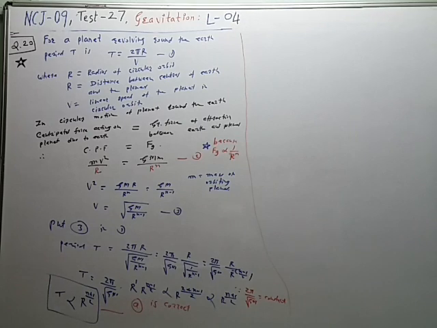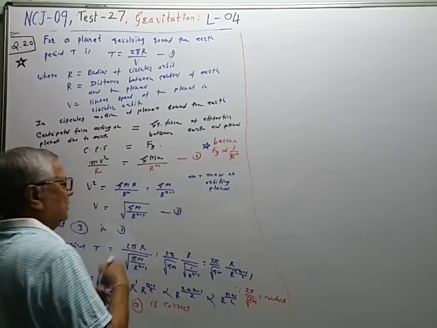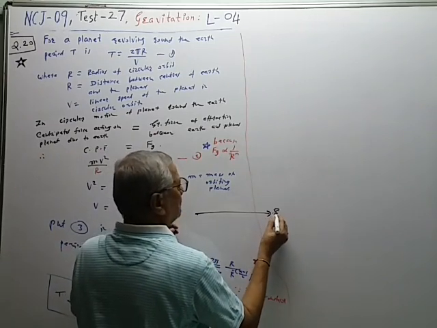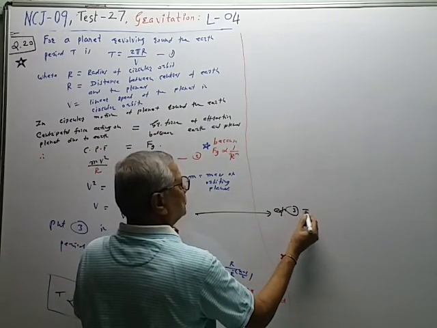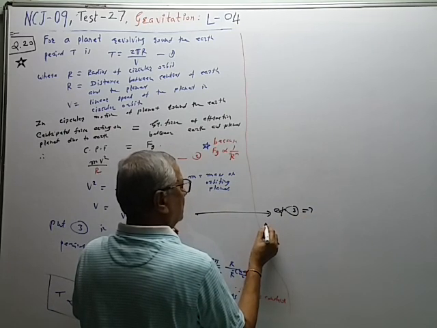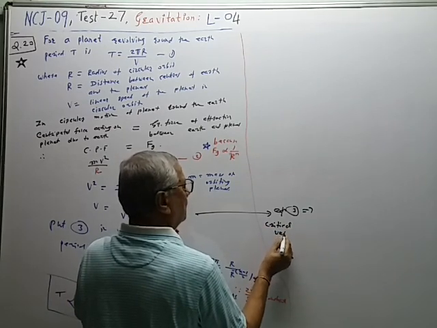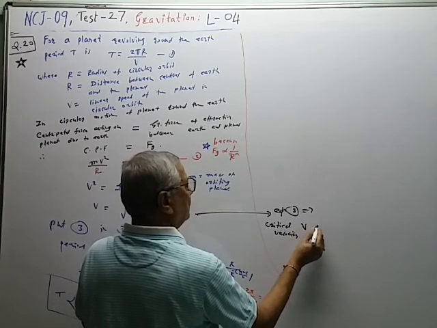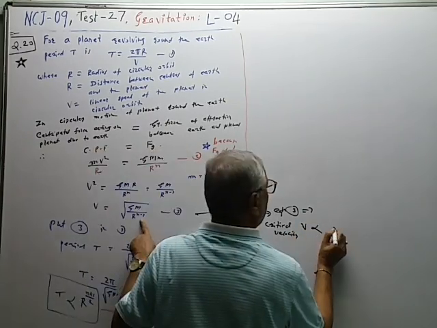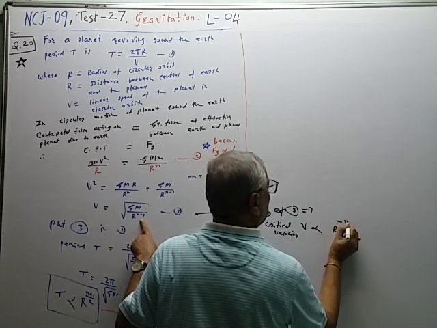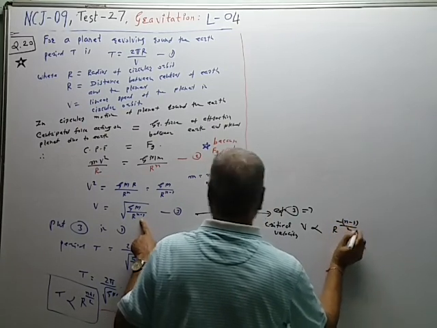Now instead of period, some other quantity can also be asked. If we look at this equation, v is inversely proportional to r raised to n minus 1 by 2. So one more question can also be asked. Equation 3 shows that critical velocity v is directly proportional to r raised to minus n minus 1 by 2.